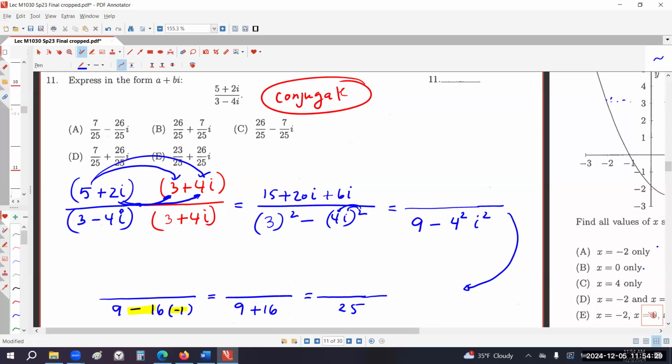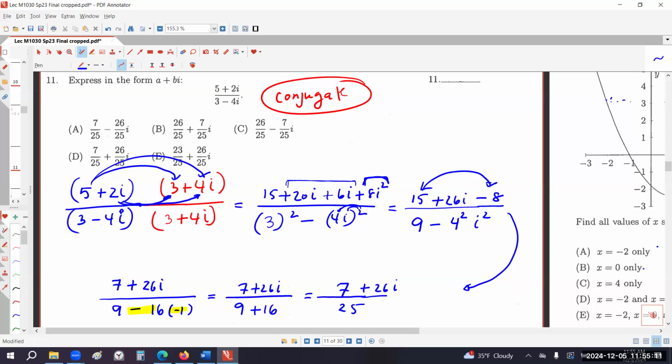And lastly, 2i times 4i, positive 8i squared. So we have like terms here. How much is 20i plus 6i? 26i. And because of the i squared, the positive 8 turns into what? Negative 8. That means now we have another like term. So 7 plus 26i, and we cannot simplify that.